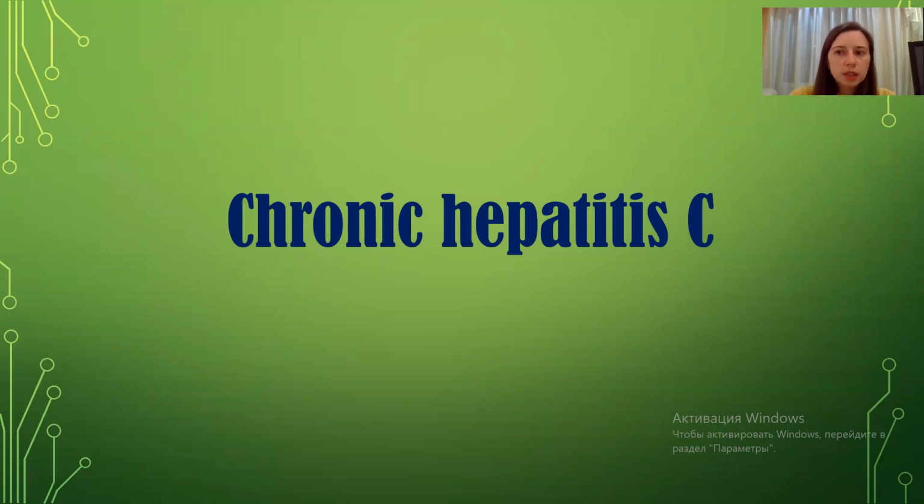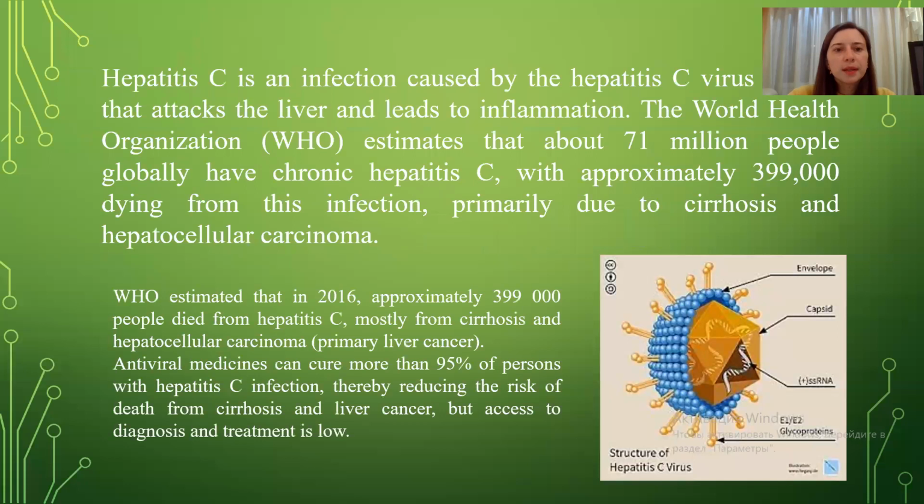Chronic hepatitis C. Chronic hepatitis C is an infection caused by the hepatitis C virus that attacks the liver and leads to inflammation. The World Health Organization estimates that above 71 million people globally have chronic hepatitis C, with approximately 399,000 dying from the infection, primarily due to cirrhosis and hepatocellular carcinoma.